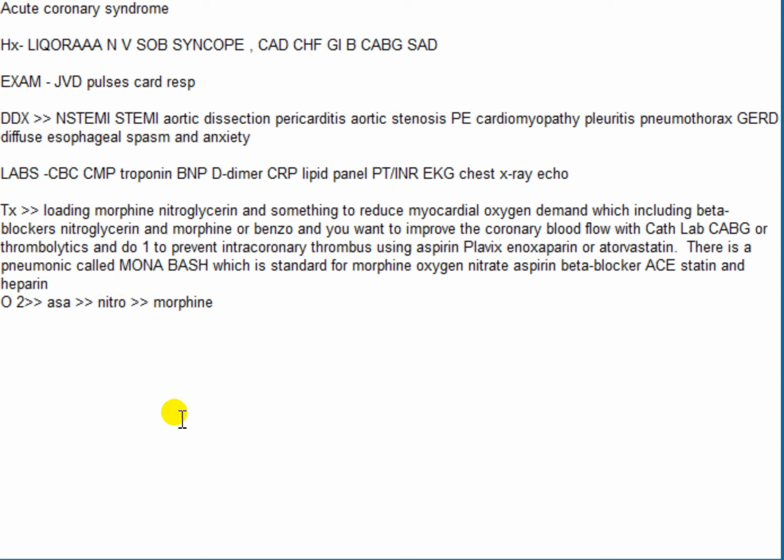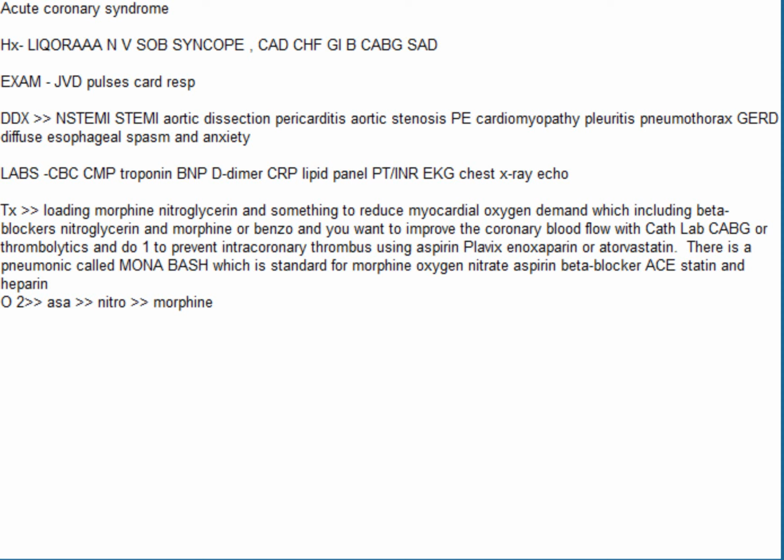A few things to consider, like for unstable angina, we usually give oxygen, IV access, aspirin 325 milligram, and then 81 milligram. And then we give nitroglycerin 0.4 milligram 3 times at 5 minute intervals, unless the patient has signs of right heart failure, or if there is a contraindication, like if they recently took Viagra or an alpha blocker like Flomax.